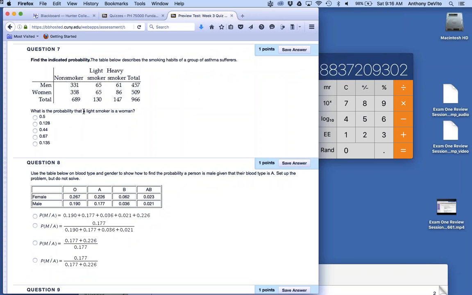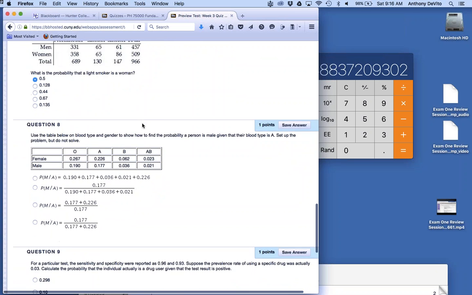It's got to be light smokers, so we're only interested in the light smokers. There are 130 light smokers. What's the probability that person is a woman? Well, 65 women are in that group of 130, so it's 65 over 130, or 50%. Okay, 0.5.